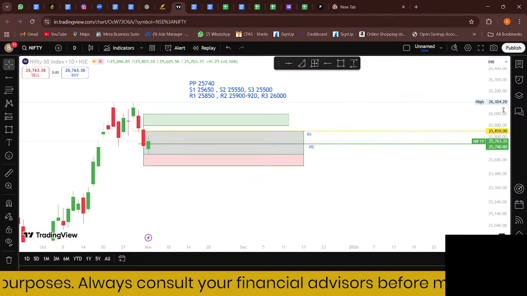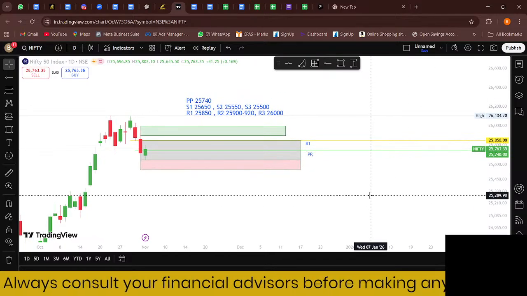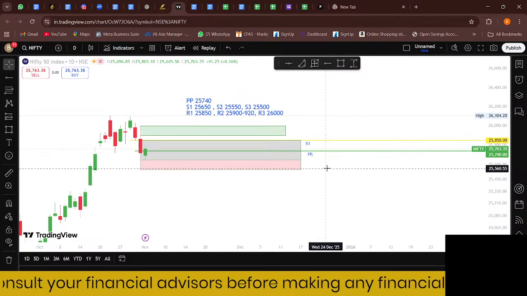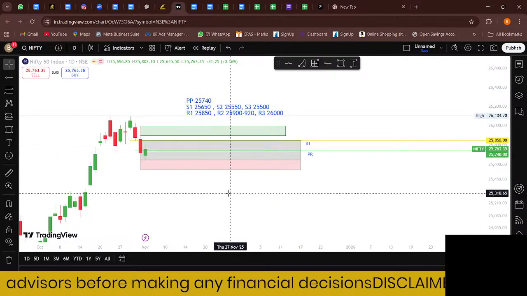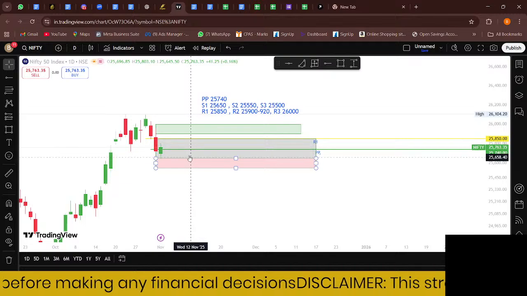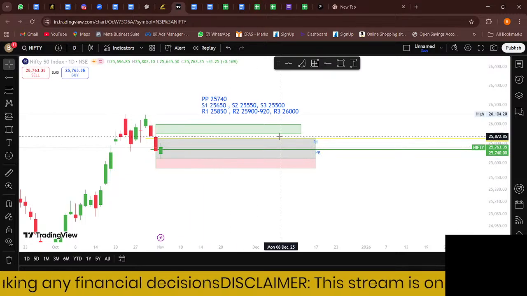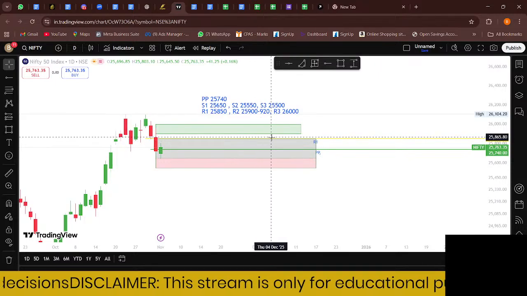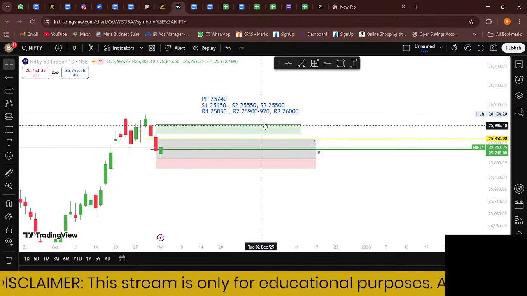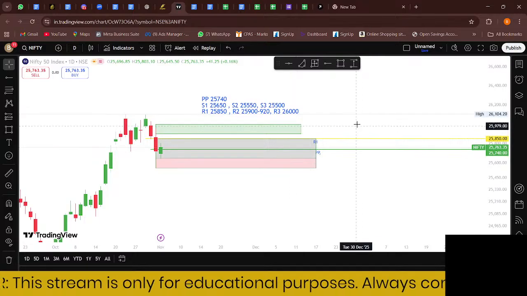So these will be the zones with respect to the pivot line for the day. Here you can see it is already trading above the pivot line for the current day. Any movement above this with higher volume can lead up to R1, and from R1, if similar volume and trend momentum continues, we can trade up to this bullish zone.